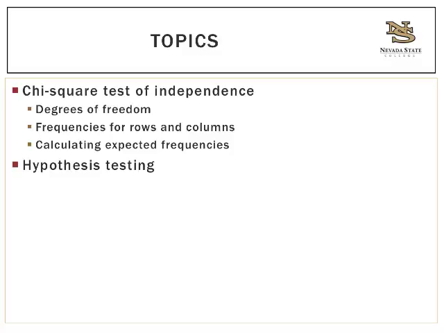Then I'll talk about our new frequencies for rows and columns, which we're going to use to calculate our expected frequencies, as well as how we use the formula for expected frequencies to set up our table of data to calculate our chi-square. And of course, as I go through, I'll pull this all together into hypothesis testing so you can see all 4 steps as we're putting them together.